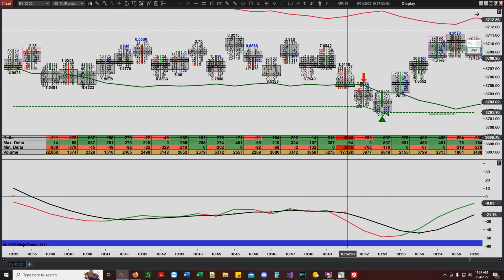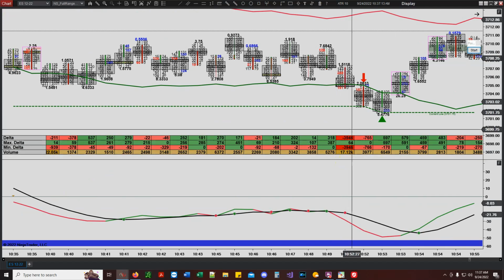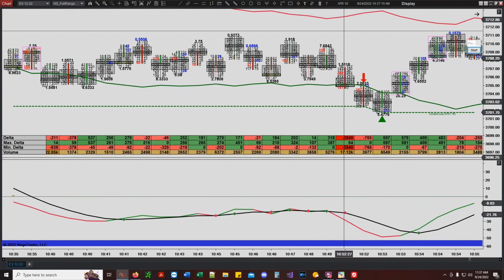There's big delta right there, big volume. And my thing is when I see a big volume like this, and correct me if I'm wrong, some of you order flow traders out there, 17,000 and a delta of minus 39.46, and that bar is not moving, that's a red flag for me.